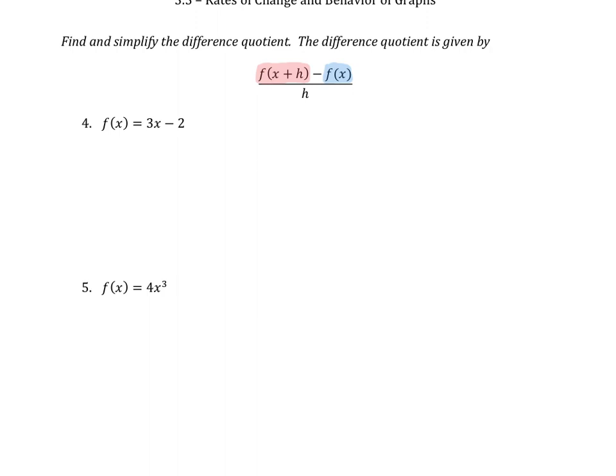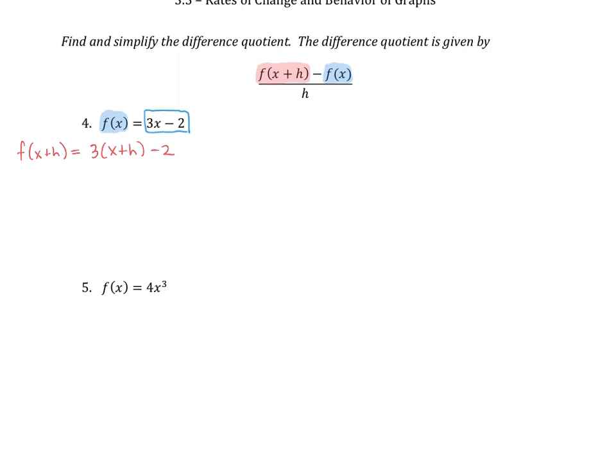So notice the f of x, I already have that. That's given. So I already know what I'm going to use for f of x. It's this, okay? But I don't know f of x plus h, but I can find it. So that is my first goal, is to find f of x plus h. And I do that by plugging in x plus h everywhere there is an x in the given function.